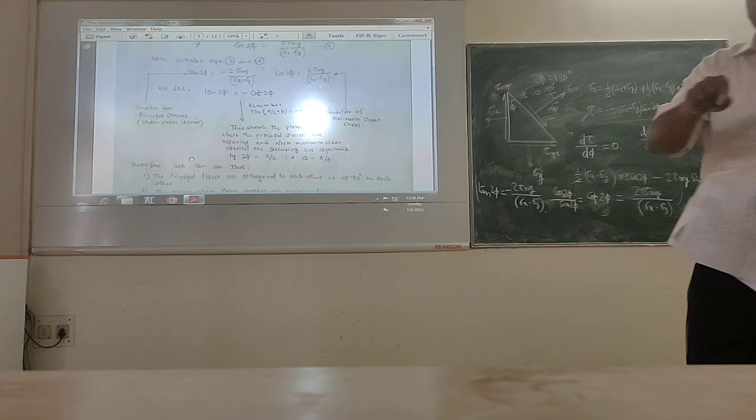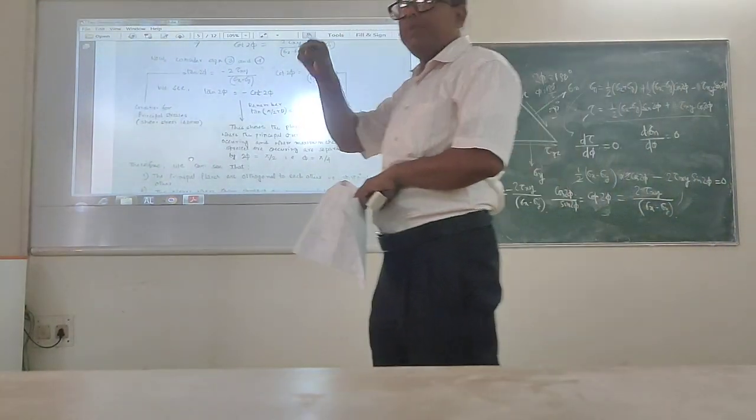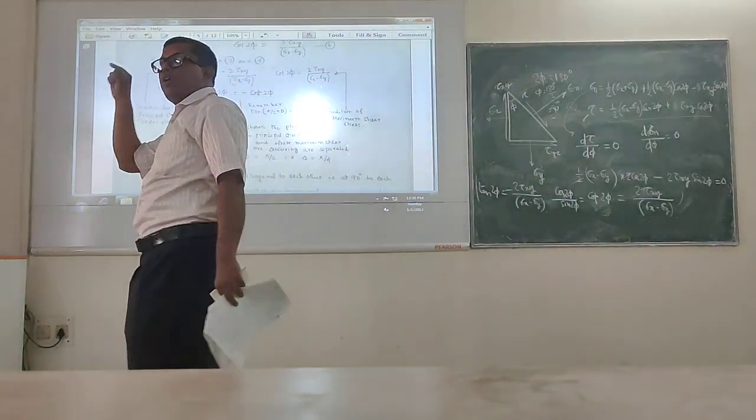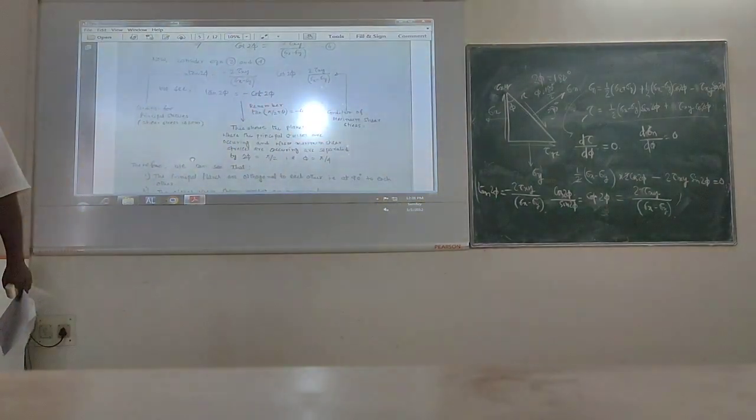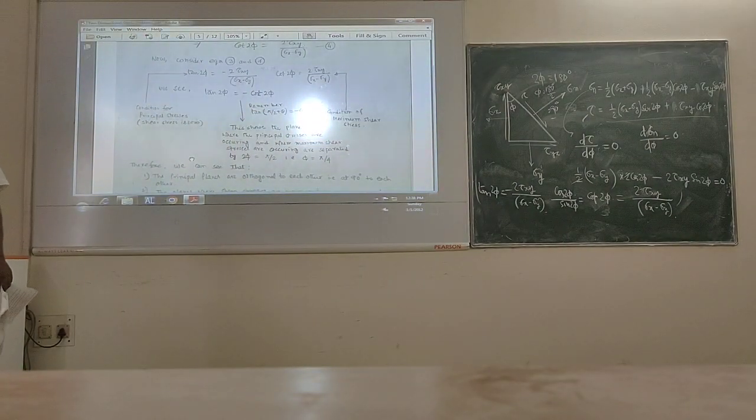So the maximum shear stress or minimum shear stress will be occurring at planes which will be making an angle of 45 degree to the plane of maximum principal stress or minimum principal stress. Is it clear? So there is a separation angle of 45. Clear? So now you see, what does it give you actually?